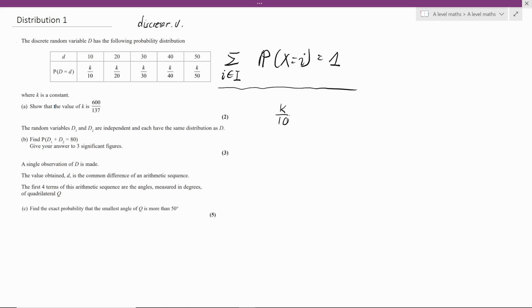So using that formula, we have k over 10 plus k over 20 plus k over 30 plus k over 40 plus k over 50 is 1. Sorry, it's 1, not 600 over 137.